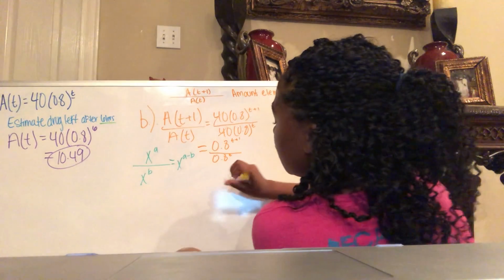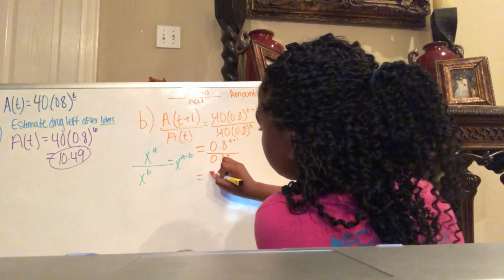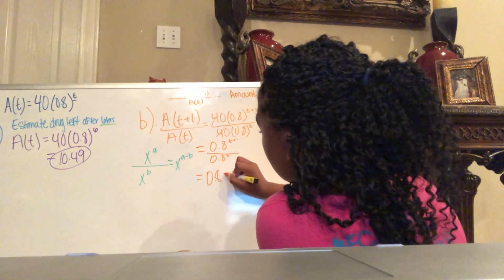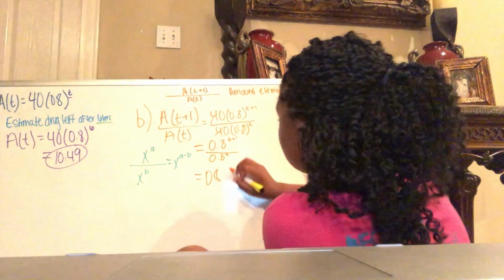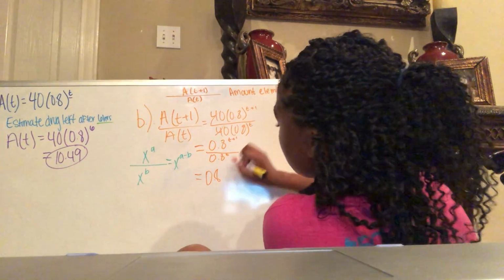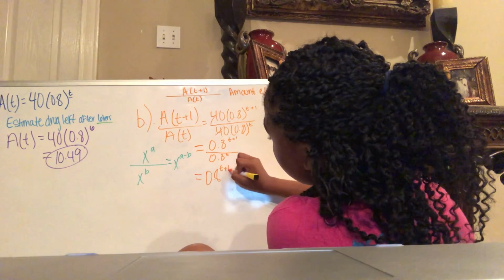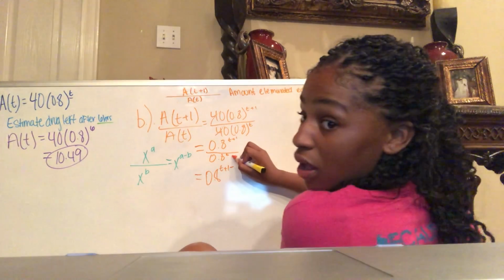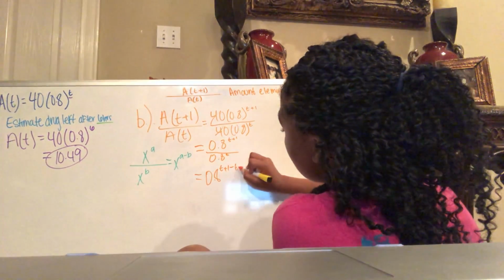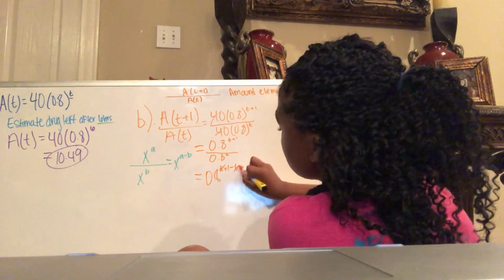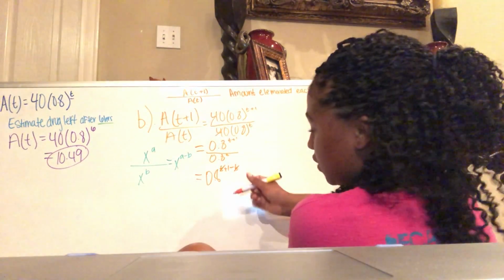So our next step, if we follow the exponent rule, would be to take 0.8, I hope that looks like an 8, to the T plus 1 from the first one, and then subtract T because that's our bottom part. From there, we cancel T's because T minus T, of course, is nothing.